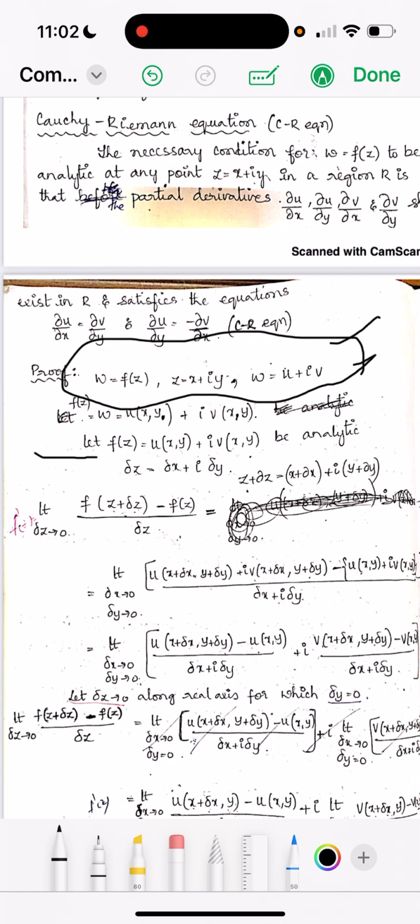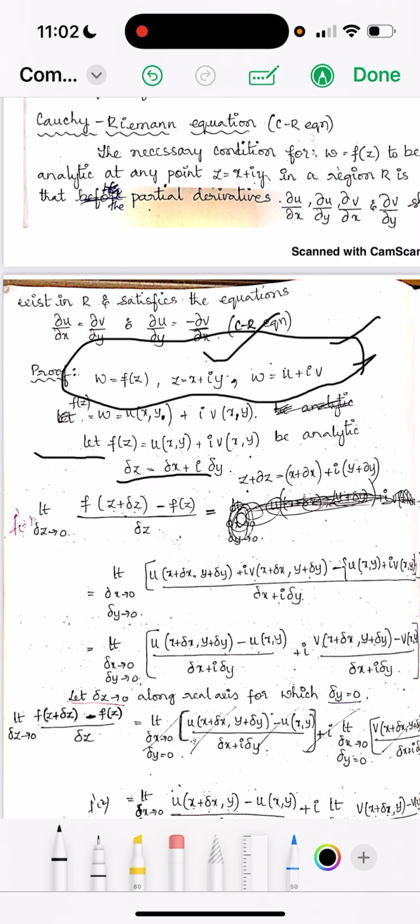Then I'll take the function here, which I'm writing down. f(z) = u(x, y) + iv(x, y), and we let it be the analytic function. We all know z = x + iy, so that only I'm writing as δz = δx + iδy.